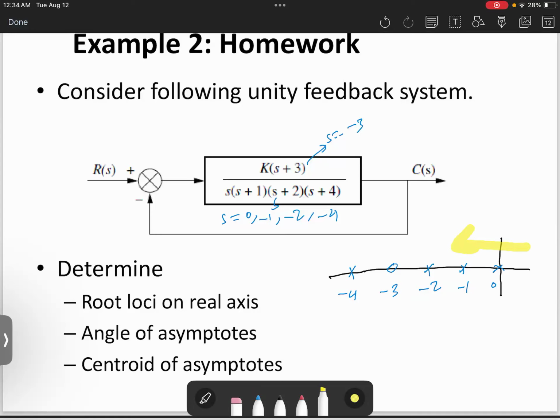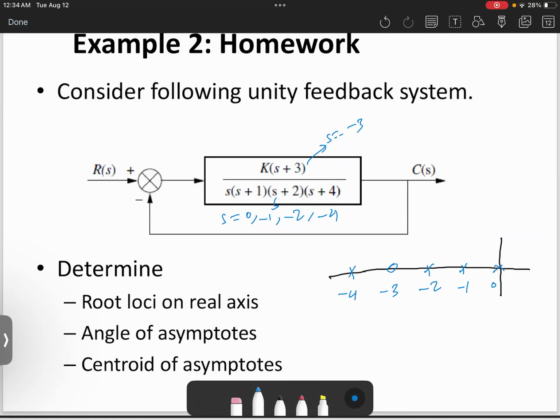Keep in mind to count both the zeros and poles. Let's start from the pole at 0. Here, the count of poles and zeros is 1. Since 1 is an odd number, the region between 0 and -1 is considered a segment.